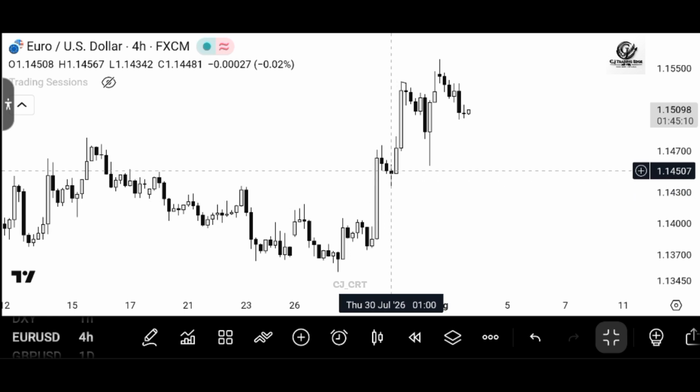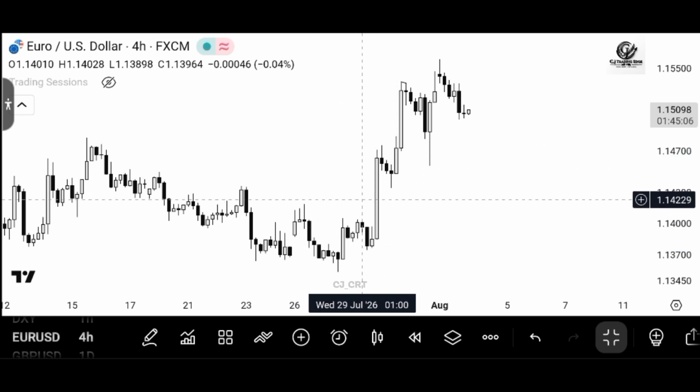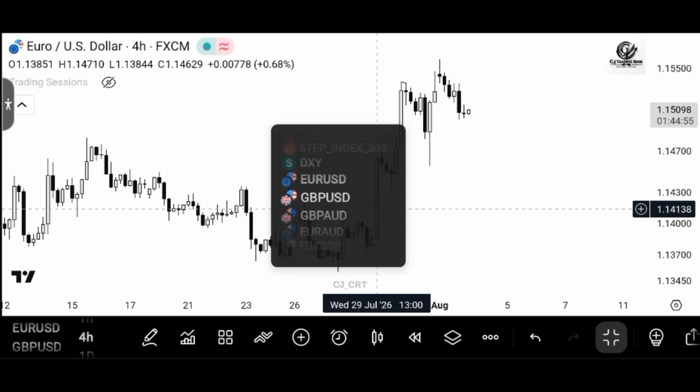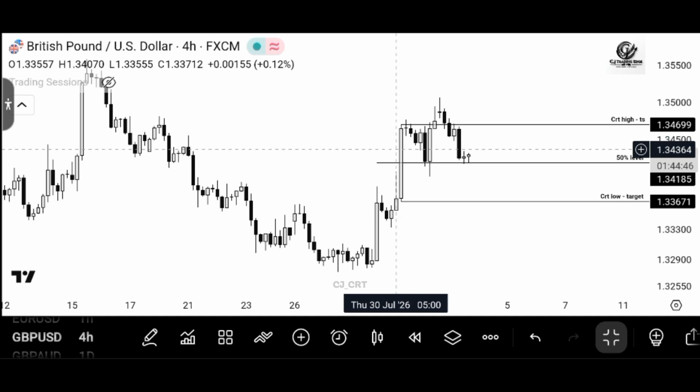But what happens? You get stopped out. So anytime you're trading CRT, look at the trend before you trade any CRT candle, whether it's a bullish or bearish CRT candle. So that was the reason why I took profit at the 50% level of this CRT candle.